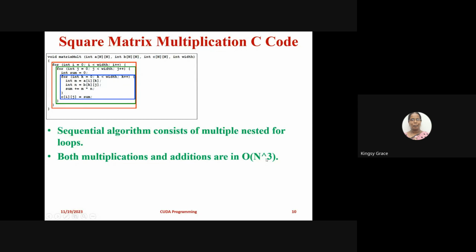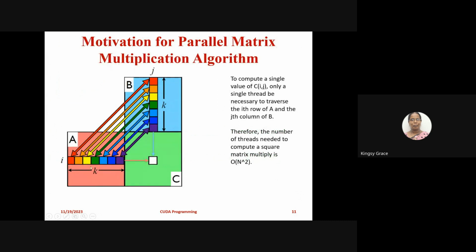And in your GPU computation, you don't have any for loop type computations. So how can we convert this C code into GPU code? The same thing is simulated here.